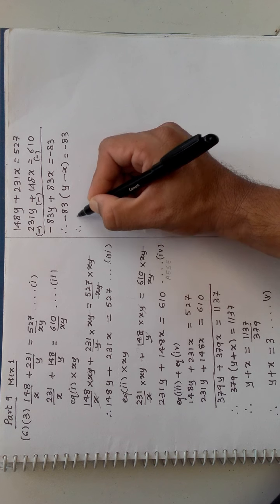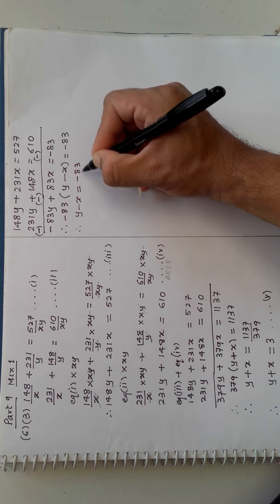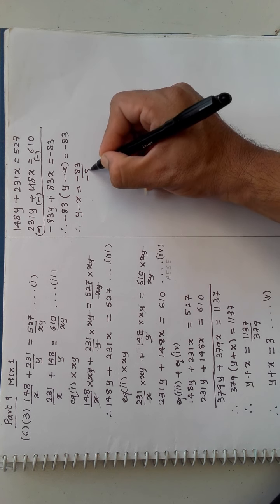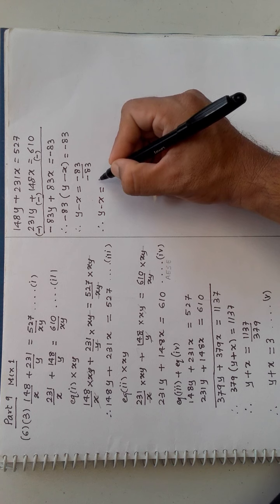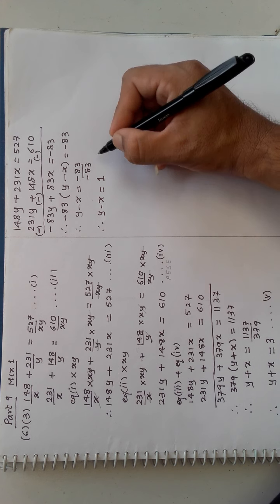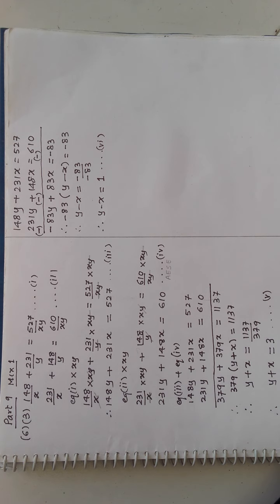So you will get here y minus x is minus 83 upon minus 83, which indicates y minus x is equal to plus 1, giving you the next equation. After getting these two equations, you will obviously add the 5th and 6th.